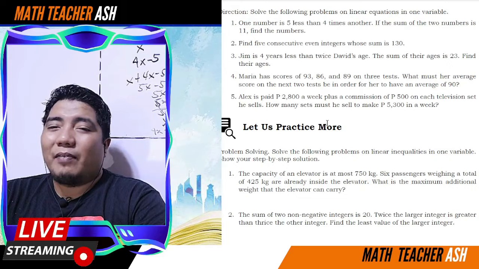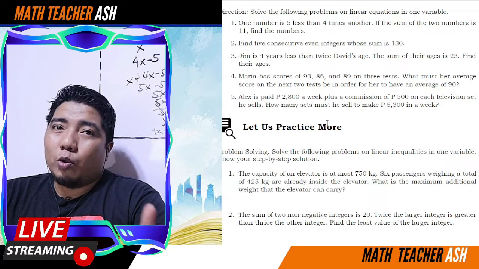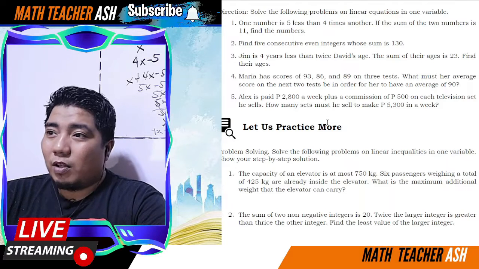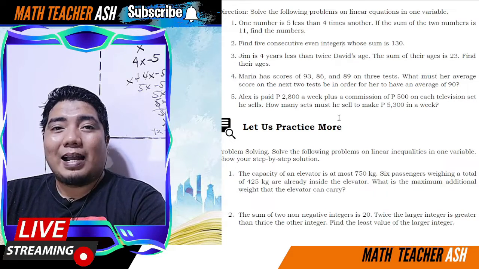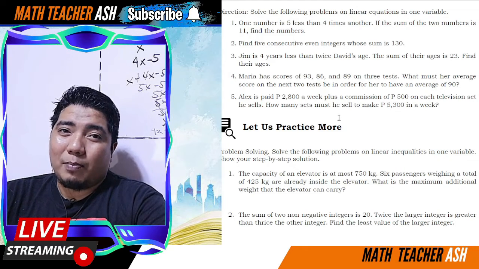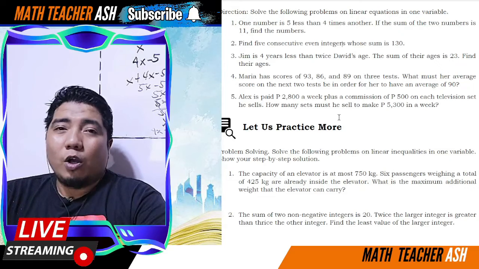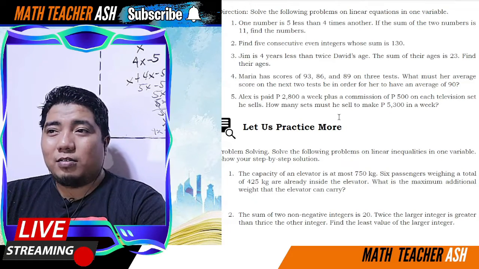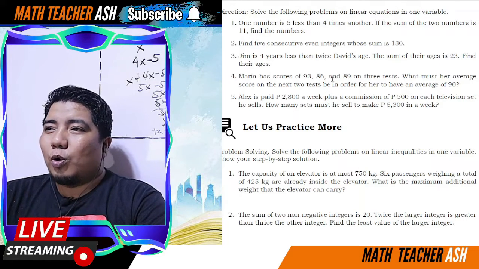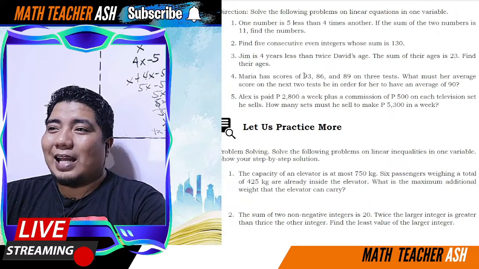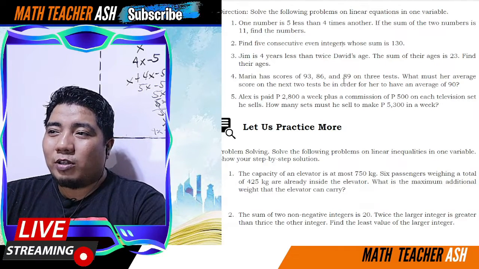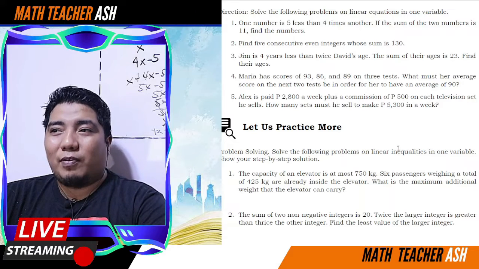When you have an average of 90, it means that you divide your total by 5, because 5 tests are being discussed, and the result is 90. If you reverse the technique, that becomes 90 times 5, which is 450. So what you can do is add 93 plus 86 plus 89, and then subtract that answer from 450.